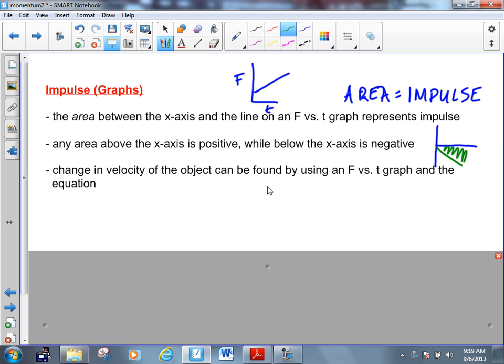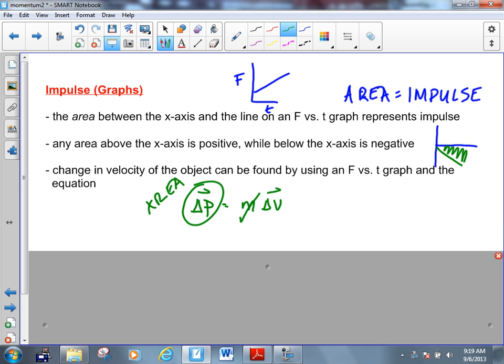And then once you've got the impulse, the area, I want you to set that equal to m times delta v. This is the area. The mass would likely be given to you. All you're going to have to do in that case is rearrange the equation to solve for the change in velocity.